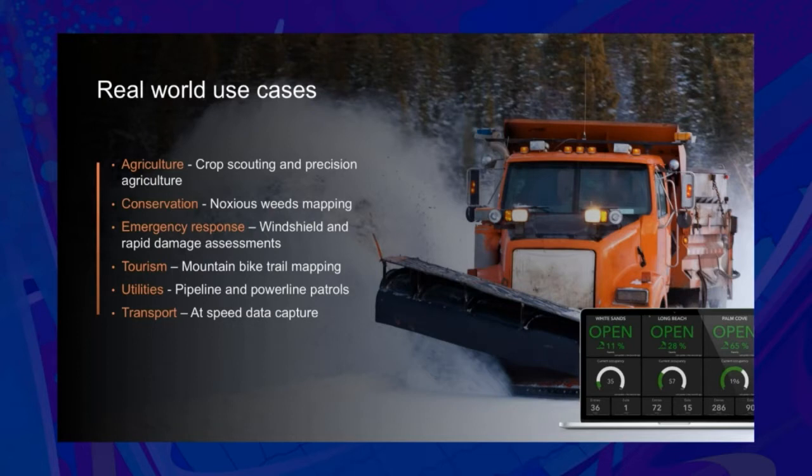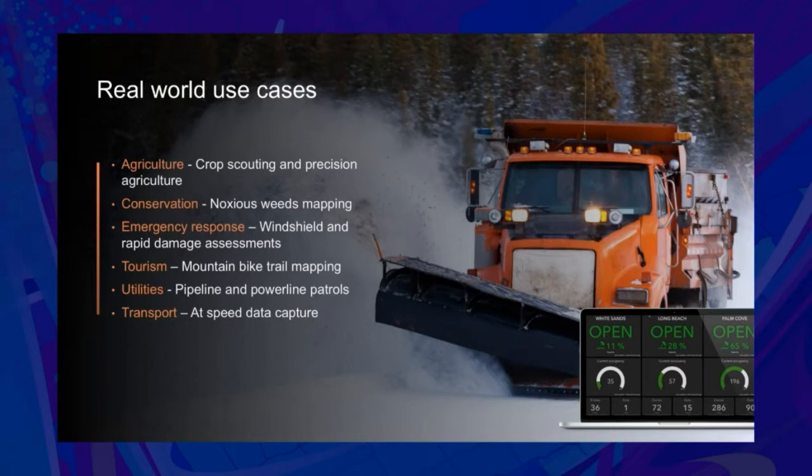Emergency response, rapid damage assessments after a disaster, sometimes on foot, sometimes while sitting in their car. Tourism, Velo Quebec, they basically rode down the side of mountains with GPS antennas on their head and phones strapped to their bike so that they could map their mountain bike trails.